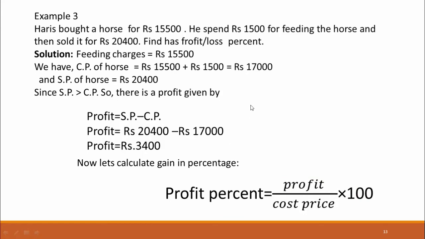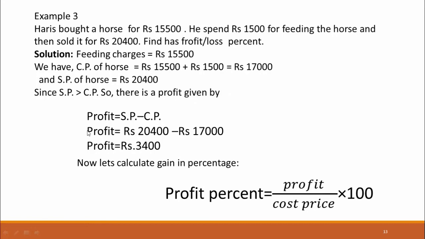The cost price is 17,000. He bought the horse for 15,500 and 1,500 was spent for feeding. So the total cost will be 15,500 plus 1,500 is equal to 17,000.